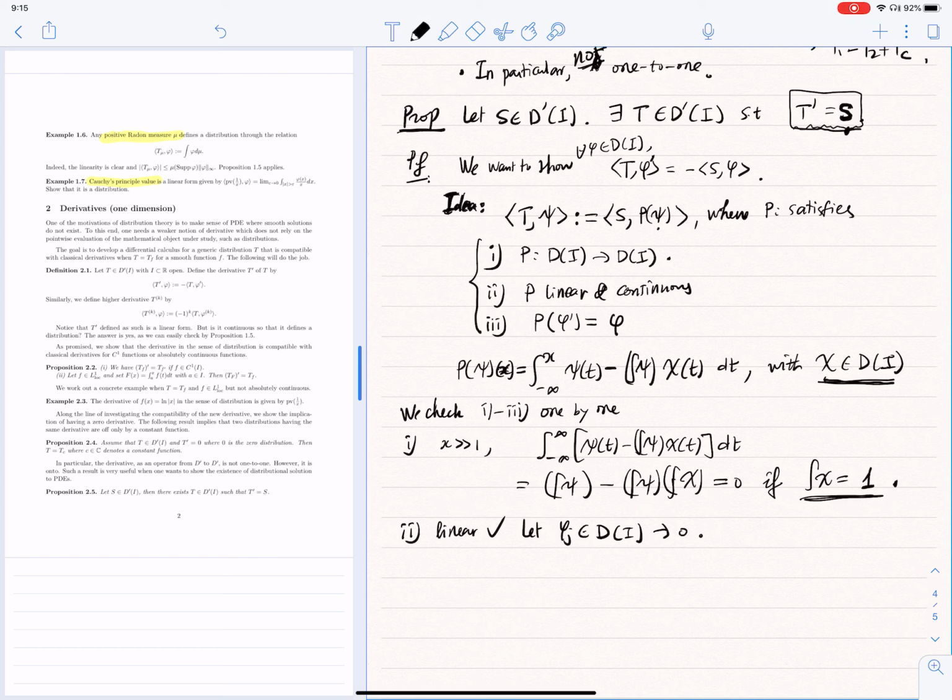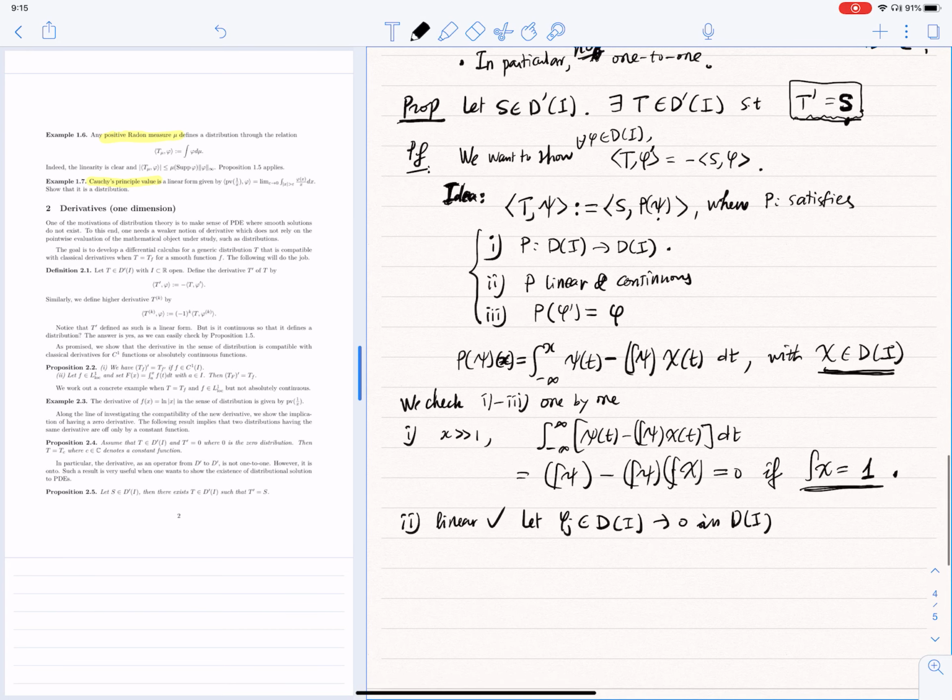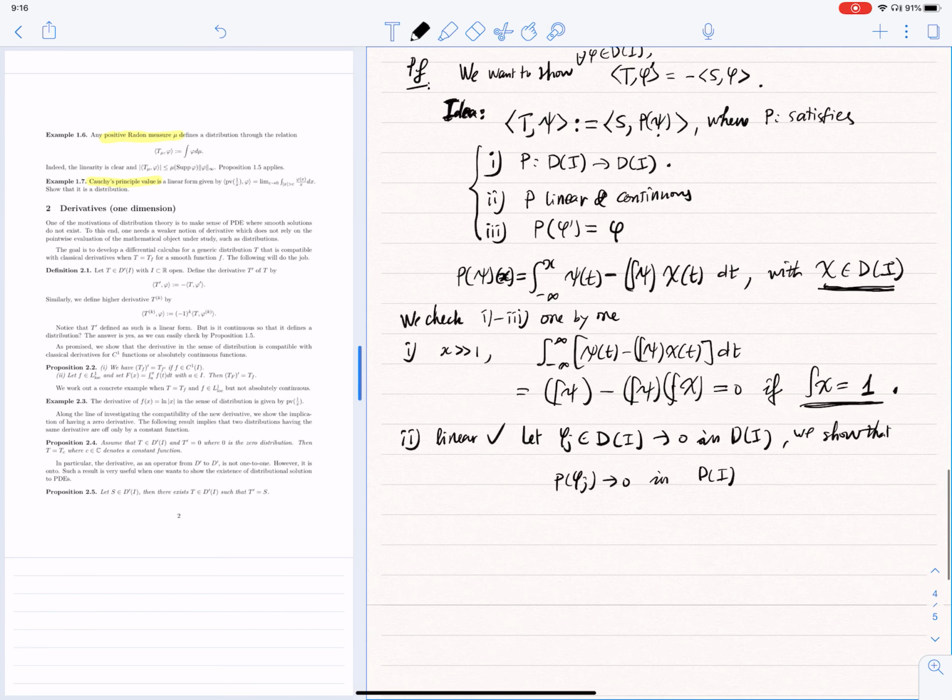So for continuity, we only need to show that it is continuous for a sequence converging to 0 in the space of test functions. We show that P phi j is converging to 0 in D. Okay, if we have this, then we're done with the second point.